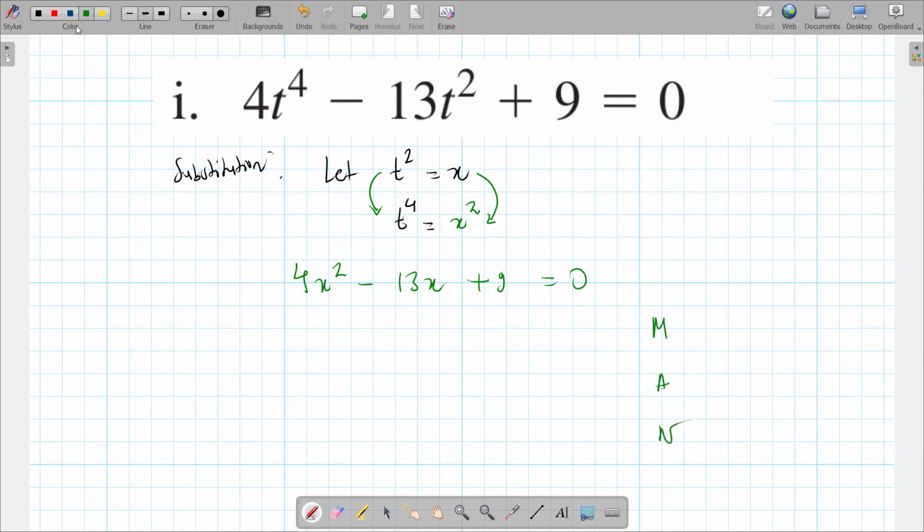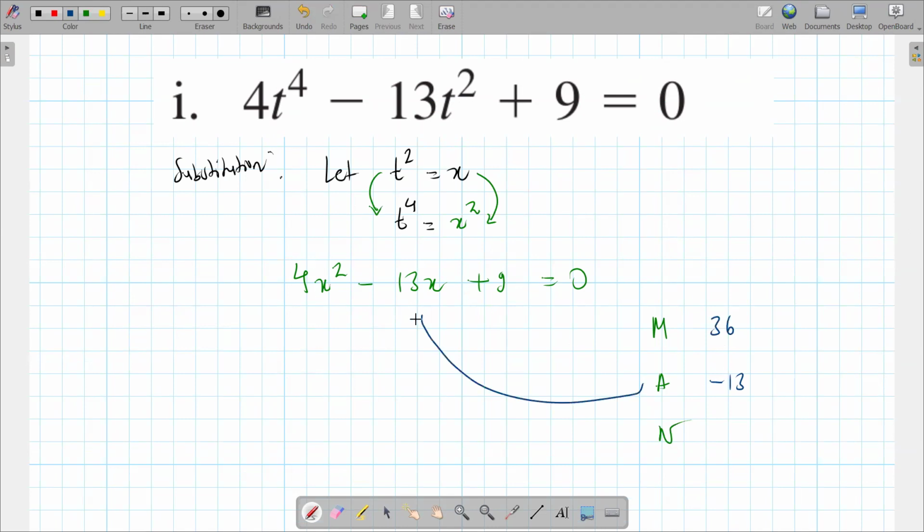What does it multiply to? What does it add up to? You remember, man? It adds up to the middle number, negative 13. It multiplies to the product of these two, A and C, 36.